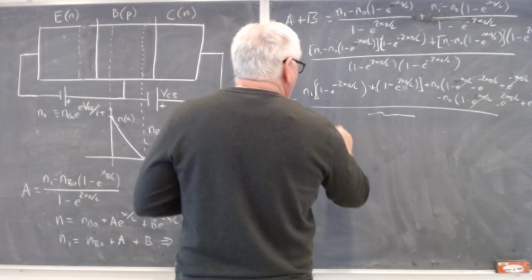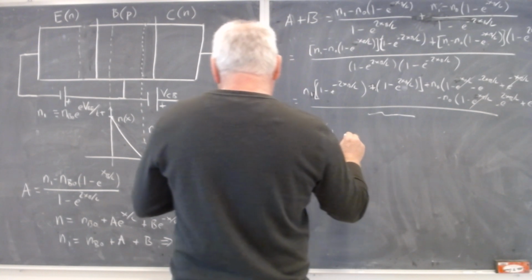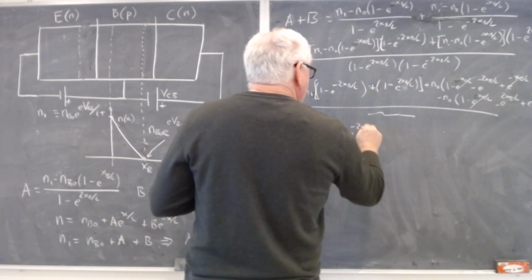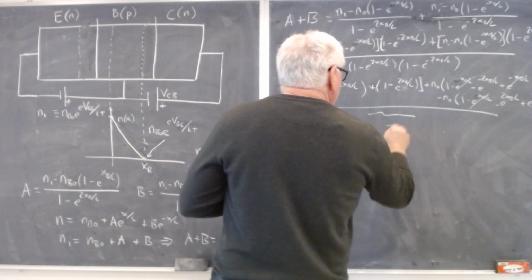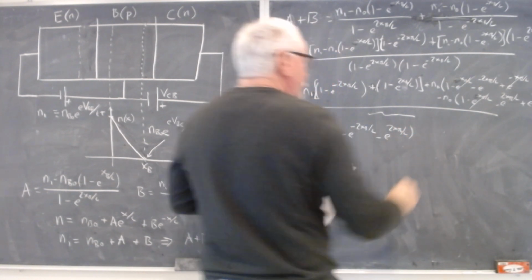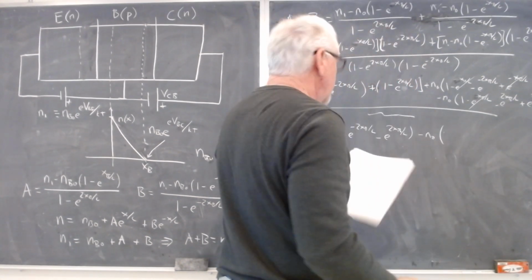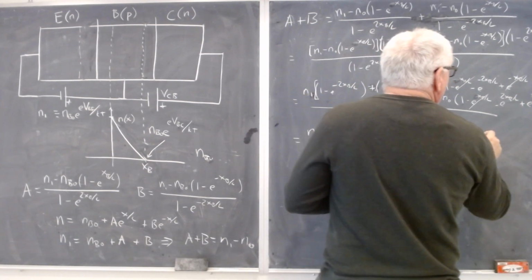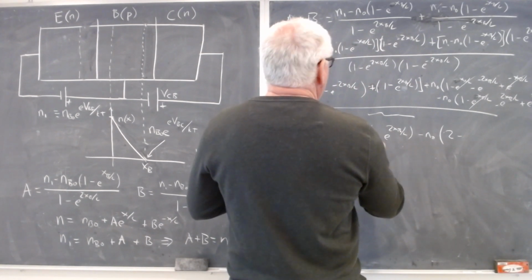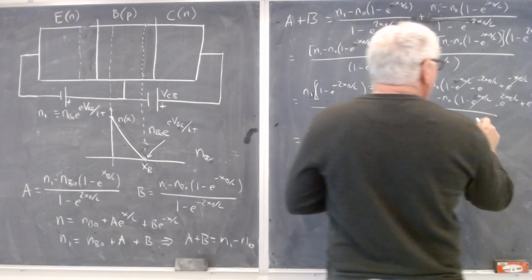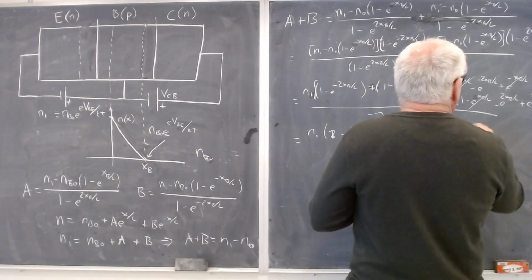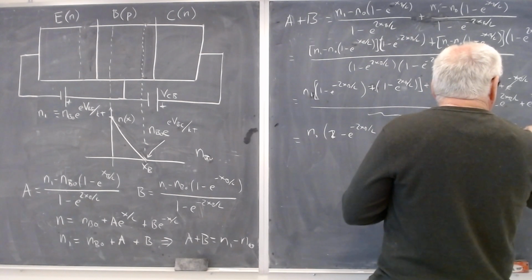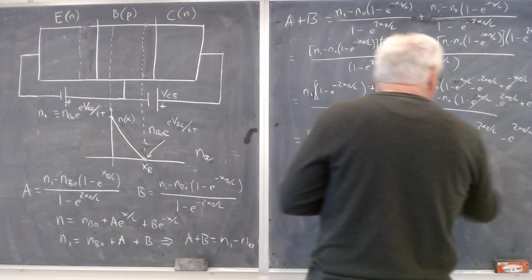Now I'm going to write that out. 2 minus e to the negative 2 xb over L minus e to the 2 xb over L. All right, minus n0, and that's 2, that should be 2, minus e to the negative 2xb over L minus e to the 2xb over L over our denominator.